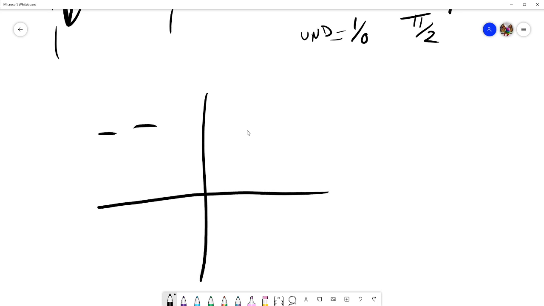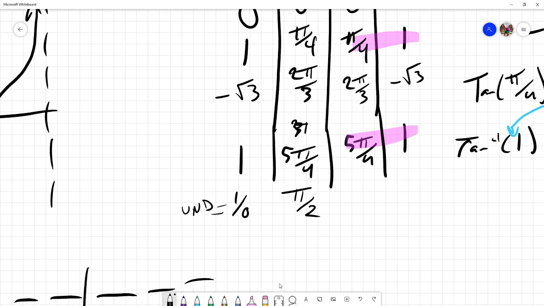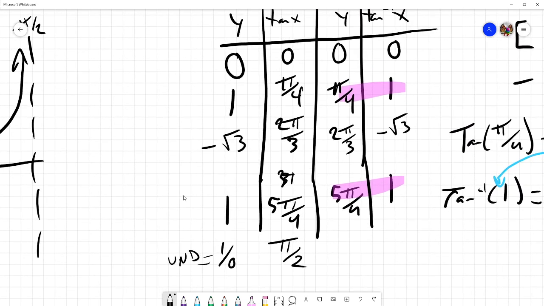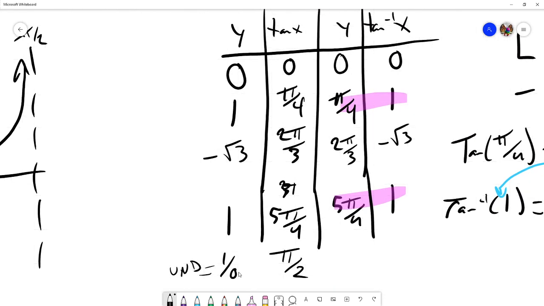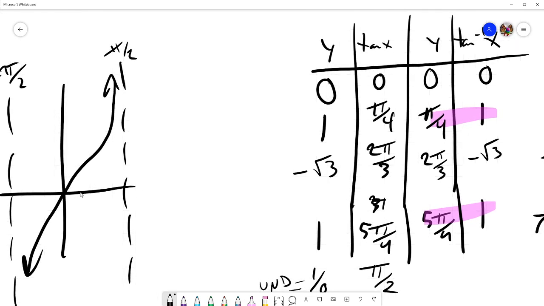And the reason we have horizontal asymptotes is that when we think of the long-term behavior here, as our inputs get closer and closer to pi over 2, they go off to infinity.